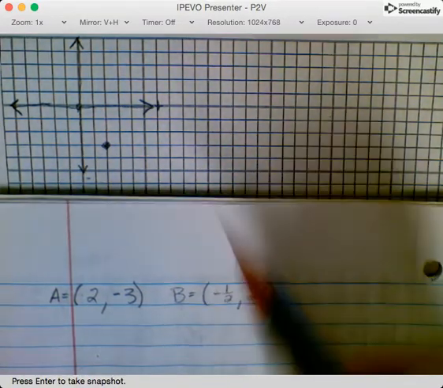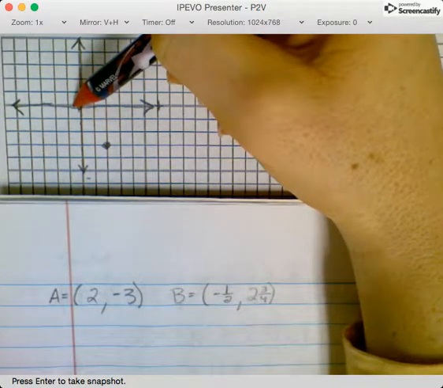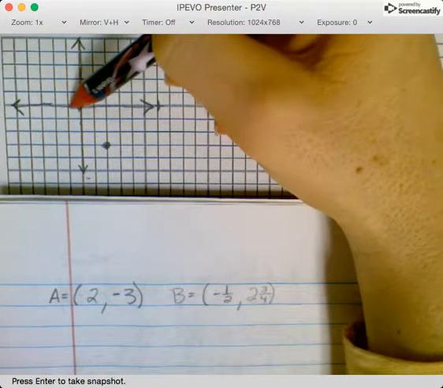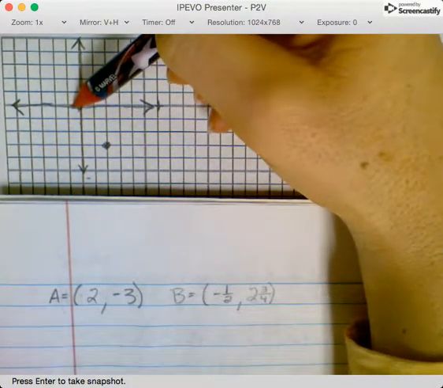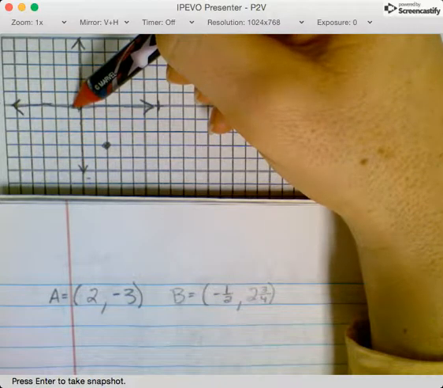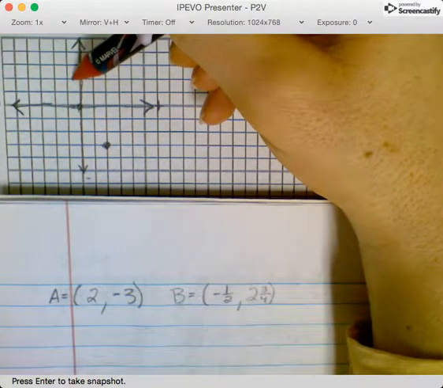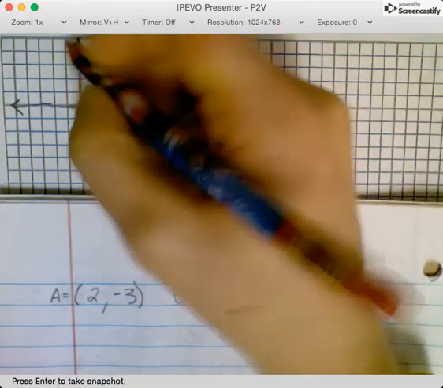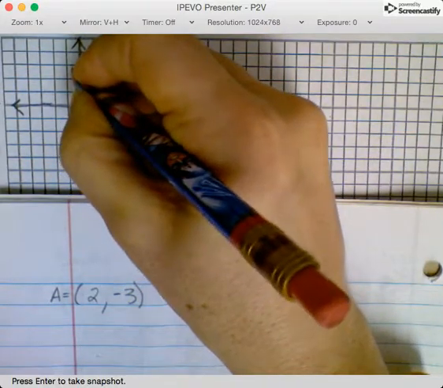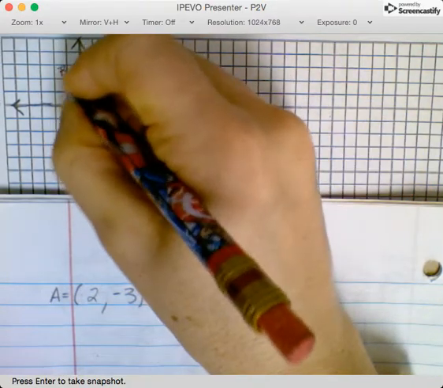Our negative 1/2 means we go to the left, and we only go half of the distance to the left, right? Half is halfway between 0 and 1, so that would be right here, negative 1/2. And then 2 3/4 would be up 1, 2, and not quite 3, right? It's almost to the 3, but not quite. So this is my point B. This is point A, point B, okay?